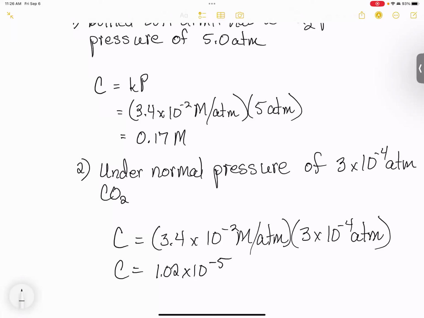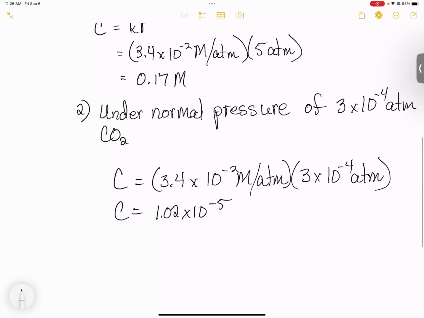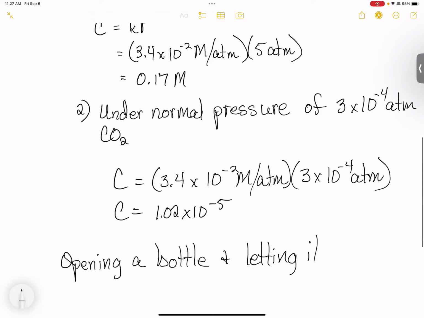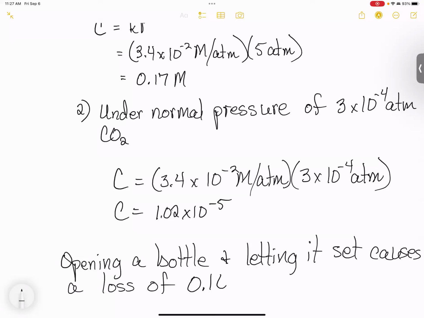If you think about that, that means opening a bottle and letting it sit causes a loss of 0.1699 molar CO2.